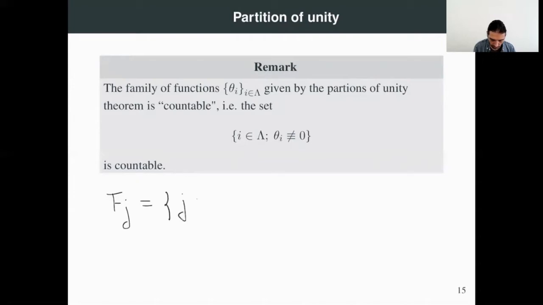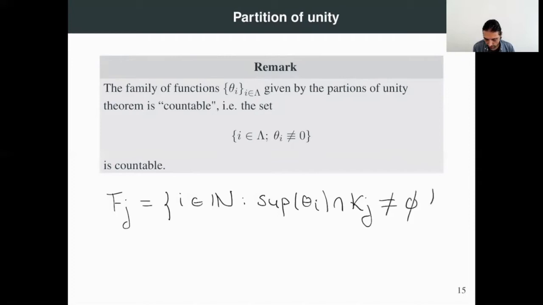the set of indexes, let's say I, such that the support of theta I intersection Kj is different than the empty set, because we already know that our family of supports is locally finite. This implies that such a set is finite for every natural number.